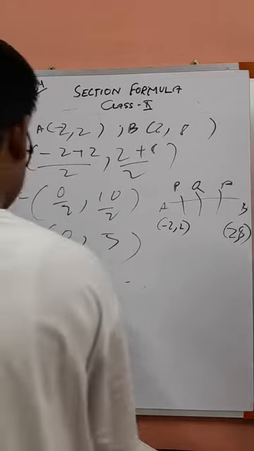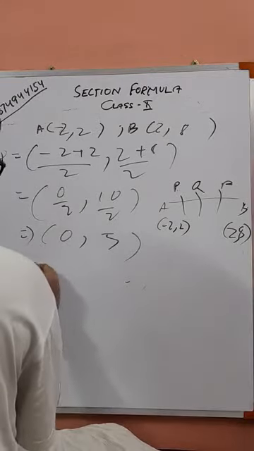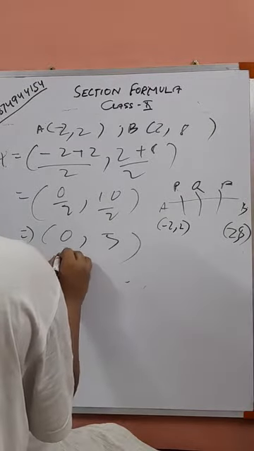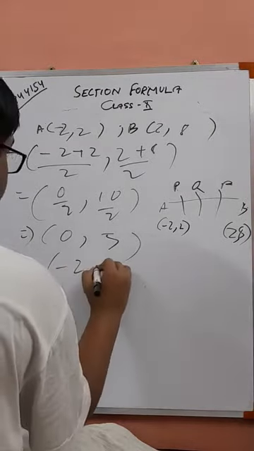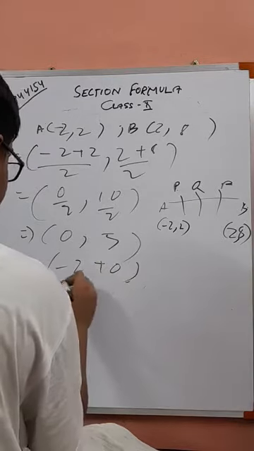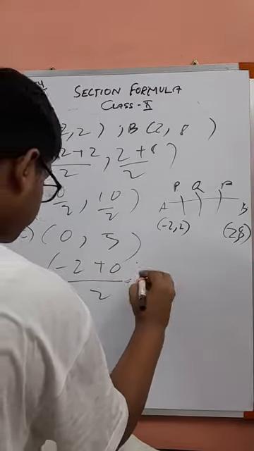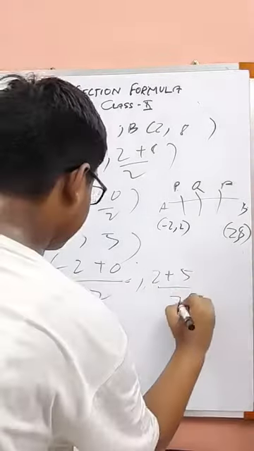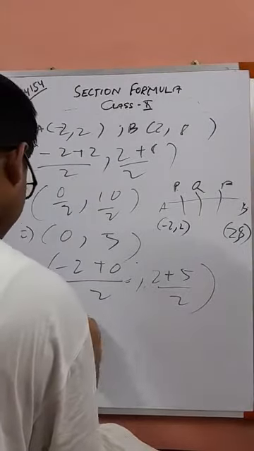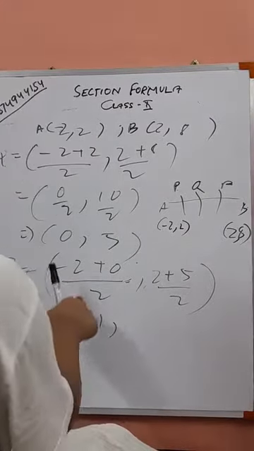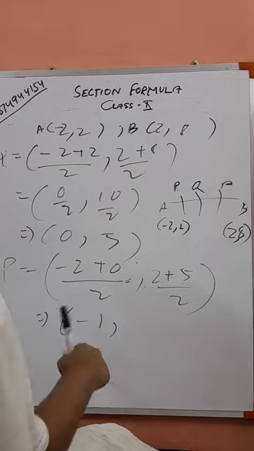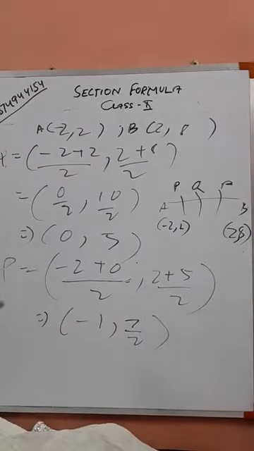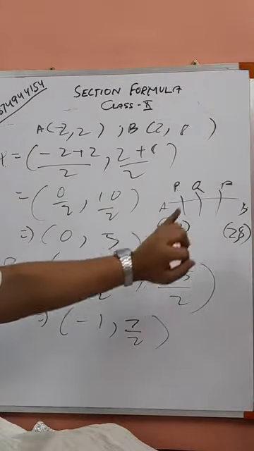That will be found out by P is equal to, between A and Q midpoint formula, minus 2 plus 0 by 2 comma 2 plus 5 by 2, is equal to minus 2 by 2, that will be simplified to minus 1 comma 7 by 2. Now this was finding out Q and P.